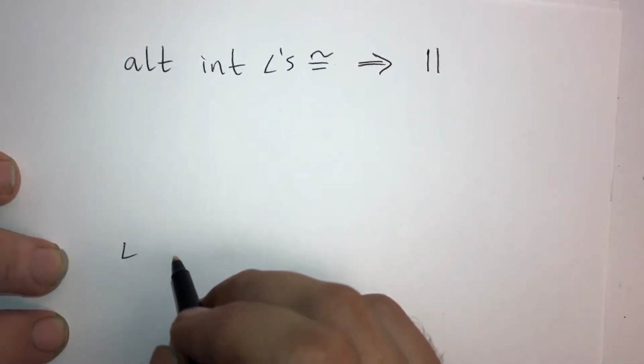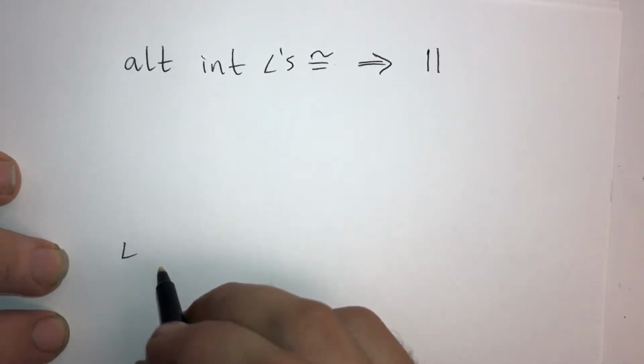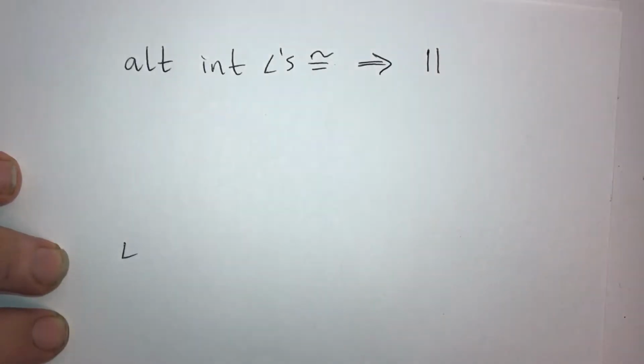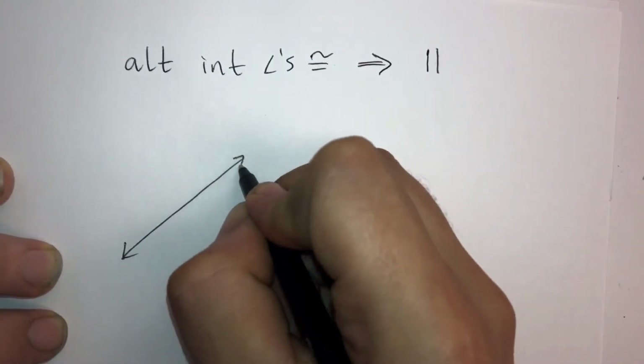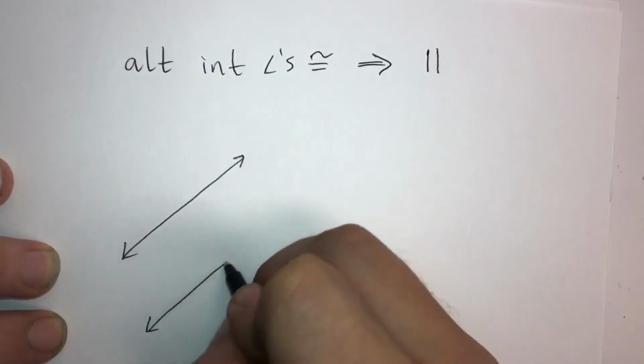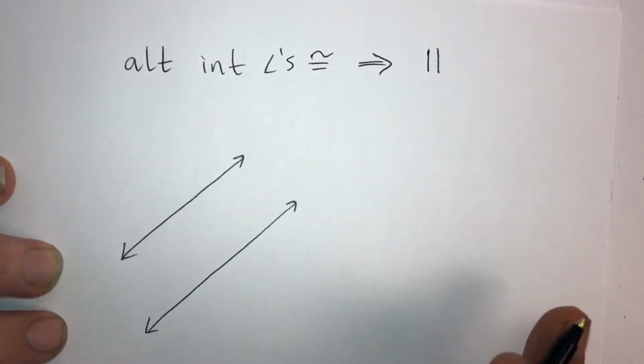I'm looking for a good one. A really good one. Okay, let's do this. Oh, there we go. All right, so suppose we have a transversal.